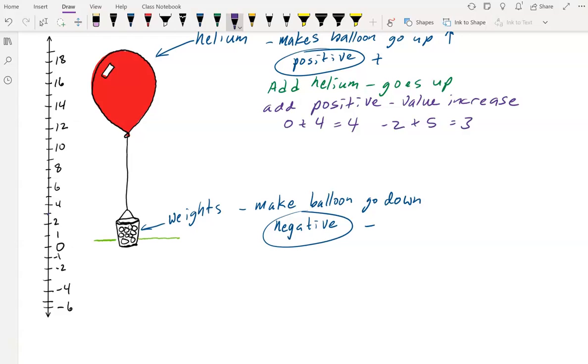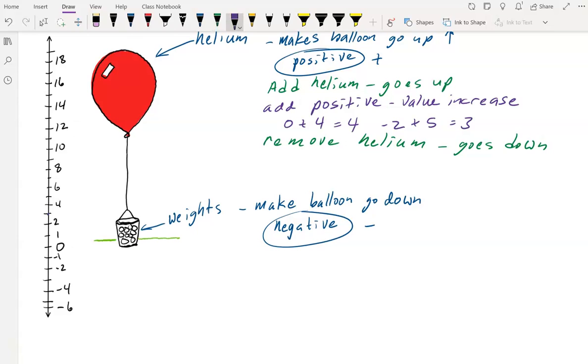So that makes sense. When you add positives, the value increases. Okay, well, what happens if we remove helium? What if helium is taken out of the balloon? That's right, the balloon goes down, because there's less gas in the balloon. So what's another way to think about removing?